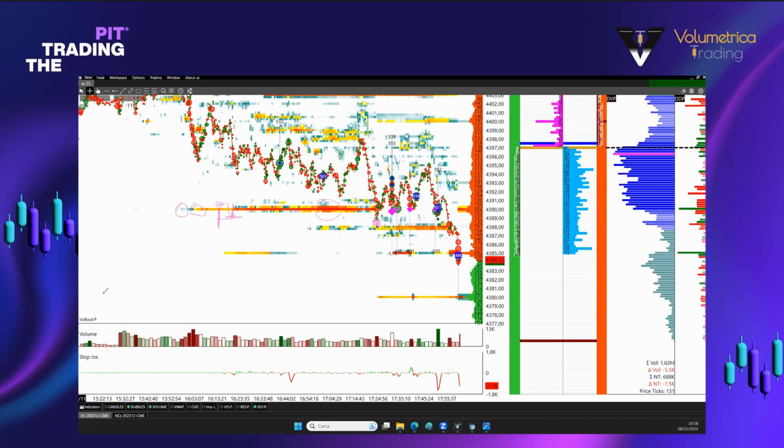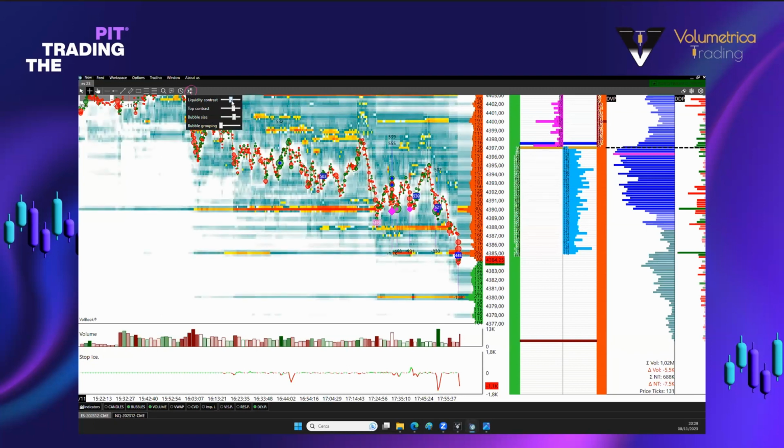And of course, this color coding can be adjusted according to your preferences using this tool right here at the top, where you can adjust the sensitivity of the calculation.